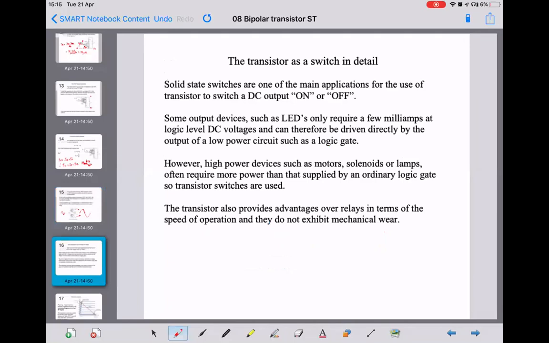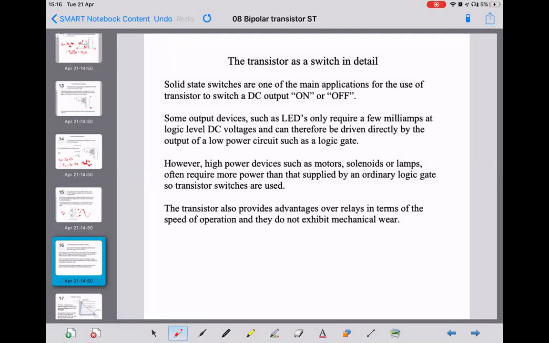Right. So we've talked about this transistor as a switch. It's very simplified at this stage, but one of the major applications of transistors is for this on-off switch situation. We get to digital circuits. Some output devices, such as LEDs, don't take very much current, and so you can switch them directly from logic gate circuits, which are essentially transistors.